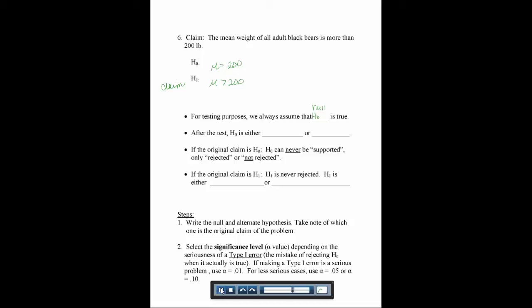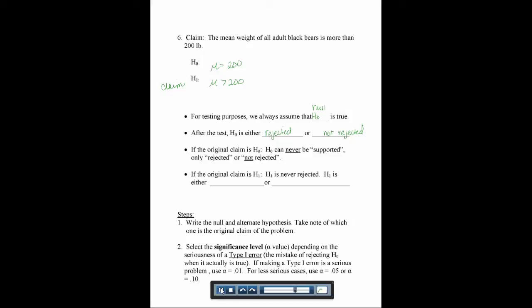So after the test, the first thing we always do, our null hypothesis is either rejected or not rejected. Those are the only two possibilities at the end of the test. Now, if the null hypothesis is your original claim, you'll stop there. You'll either say you reject it or you do not reject it. If your original claim was the alternate, like we saw in number 6, then depending on what you do with H0, we'll have rules about what you do with it.